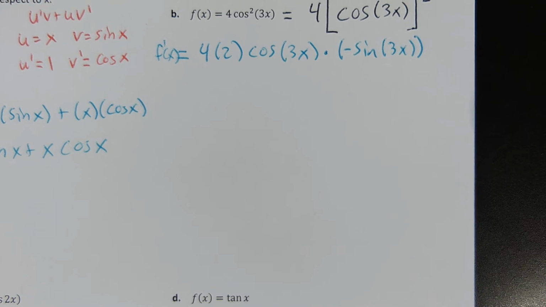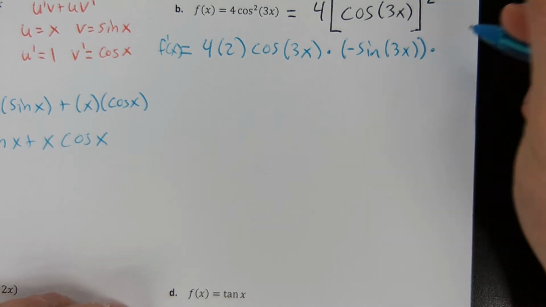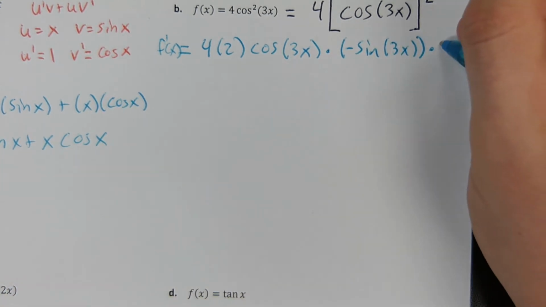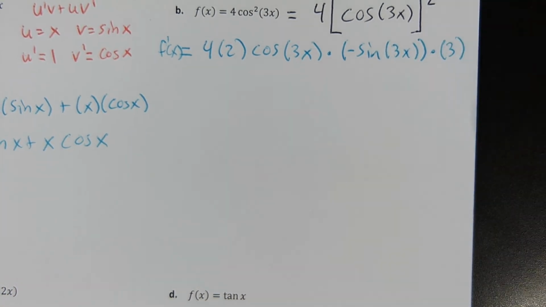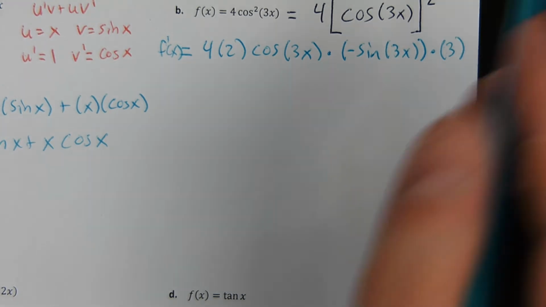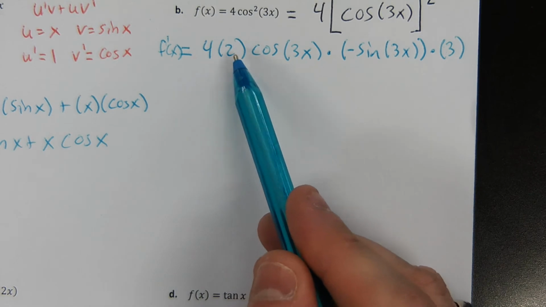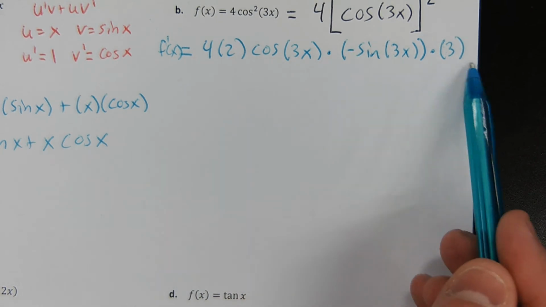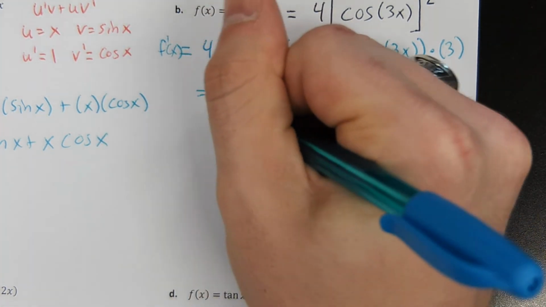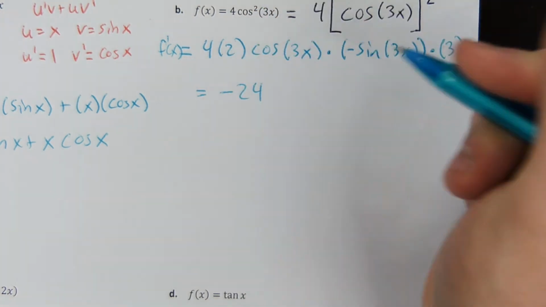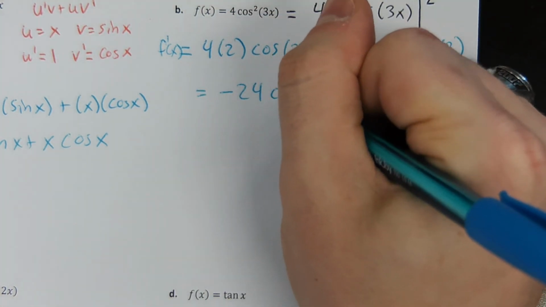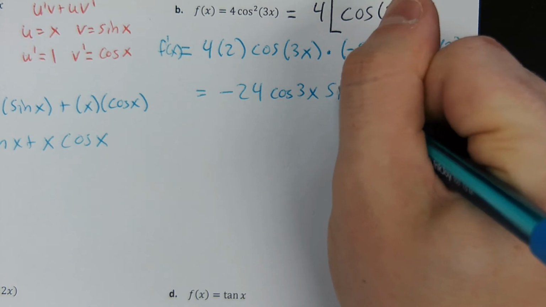But the derivative of the argument is not 1, so we do have to also do times the derivative of the argument, which is a 3. So that is a double chain rule. We can clean this up. We have a 4 times 2, which is 8, and then we have a negative 3, so that's negative 24 on the front. Negative 24 cosine 3x sine 3x.